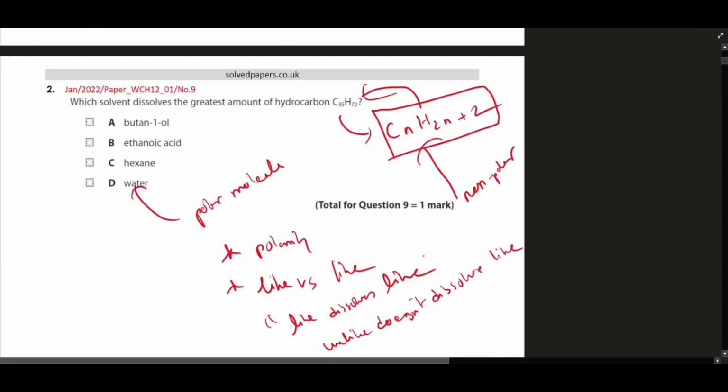These are common analogies you can remember for understanding. If you use this type of concept, then it becomes easier. So our answer will be C. You get my point? What I'm trying to say is, because it's an alkane, like dissolves like. But if you want to go into the technical side, then I would say that A, B, D, three of them have polar bonds, which makes them polar molecules.